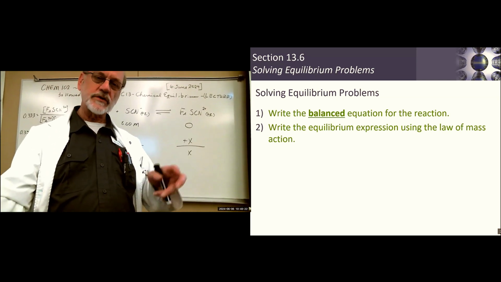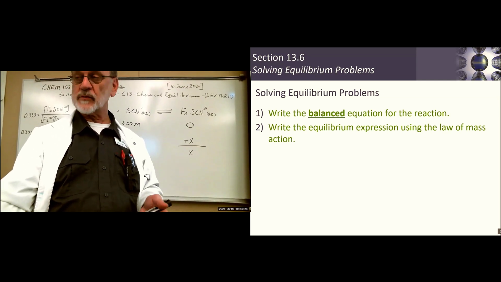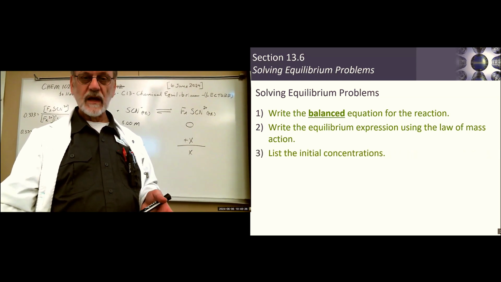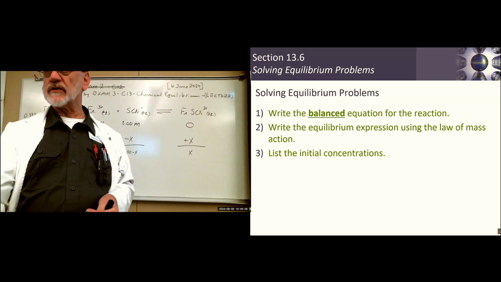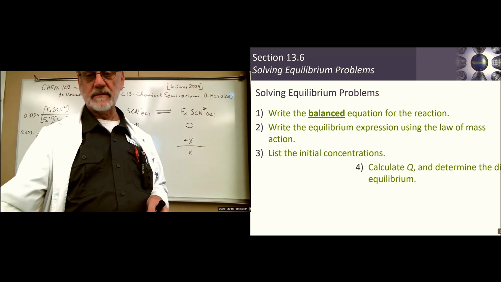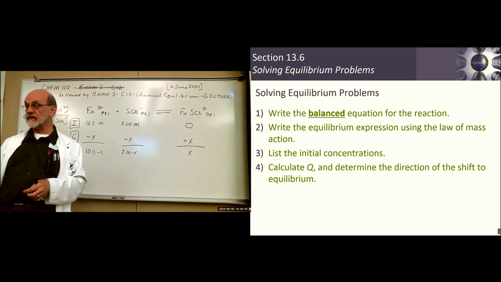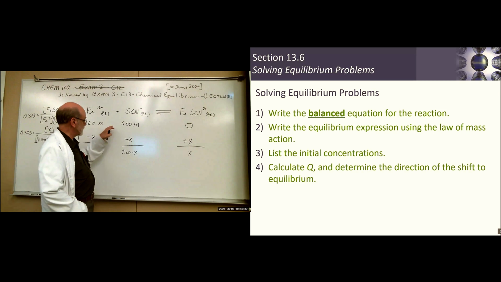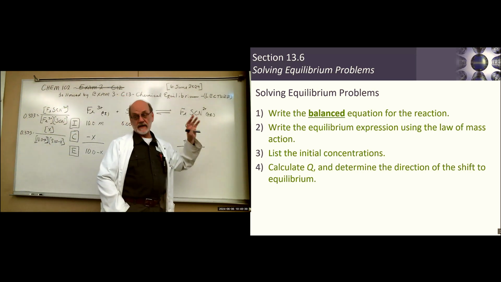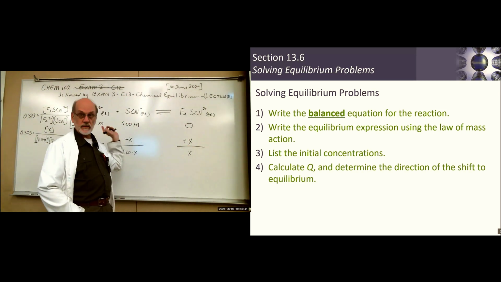All right. So once you get the balanced equation, you write the equilibrium expression. And then you list the initial concentrations in your ICE table. If necessary, calculate the Q. If you're given a value of this, and this, then calculate the Q and determine which way it's going to move.